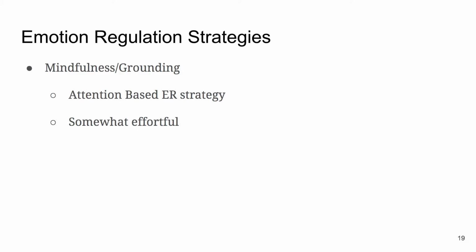So an example is, say a client comes in, they're really stressed out about work, and they're telling me that when I'm in class, I feel really stressed out about work, and I can't focus on what the instructor is saying. And this is causing me a lot of stress.